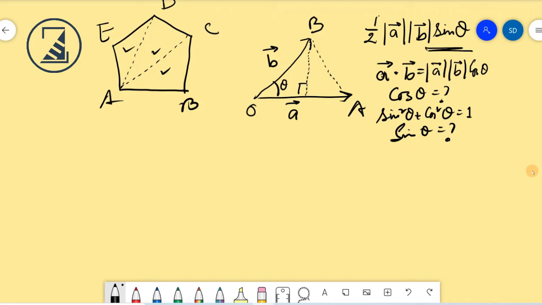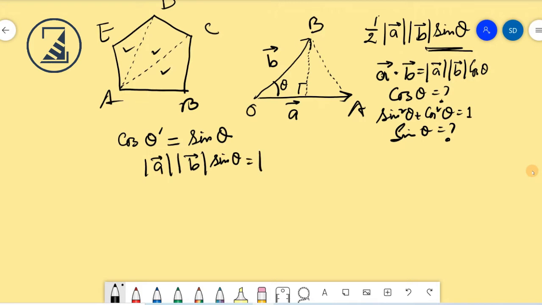So let's say we want to find an angle, let's say theta prime, such that cos theta prime is equal to sine theta. Then we can write this magnitude of A into magnitude of B into sine theta as magnitude of A into magnitude of B into cos theta prime.